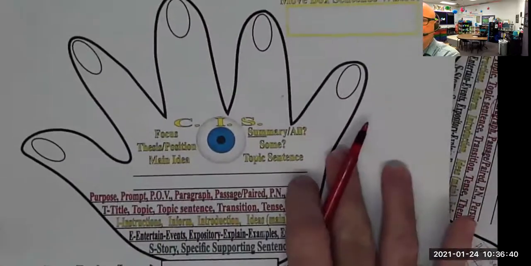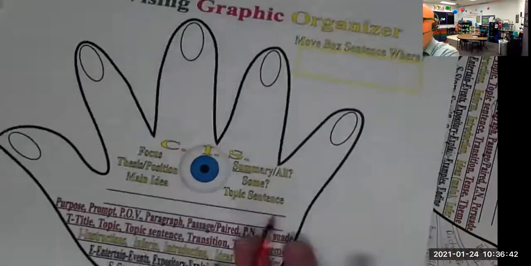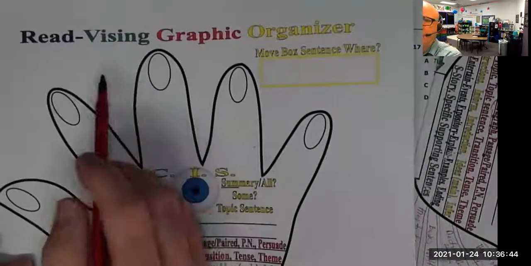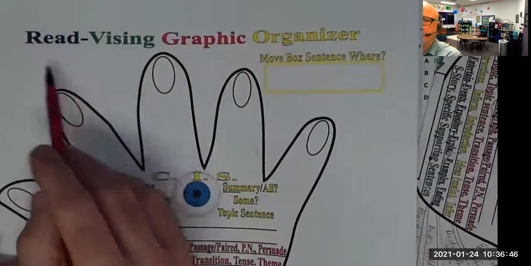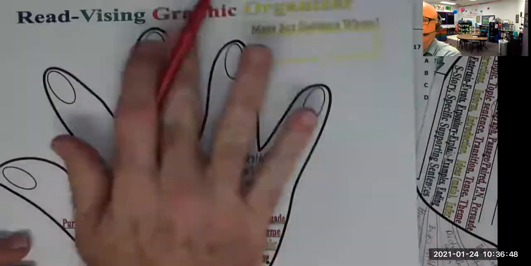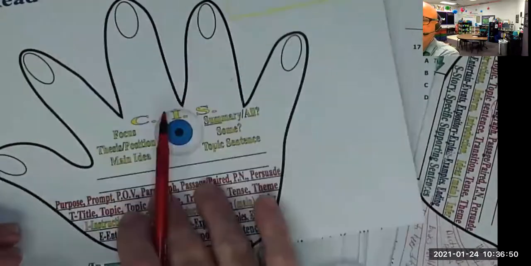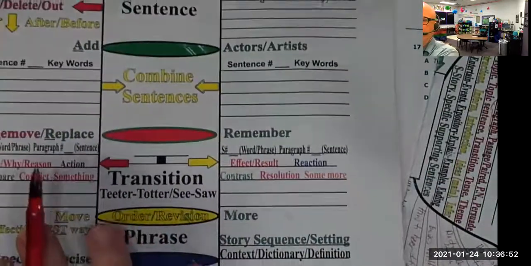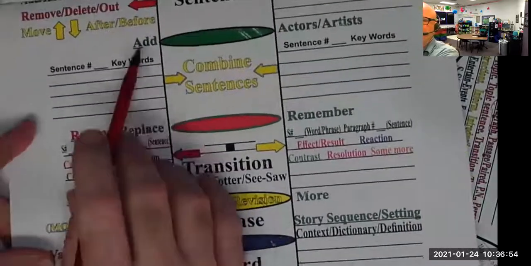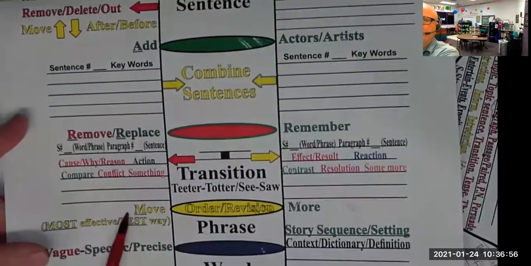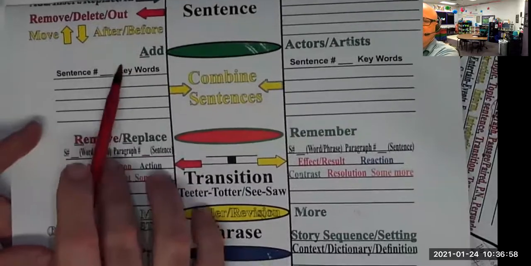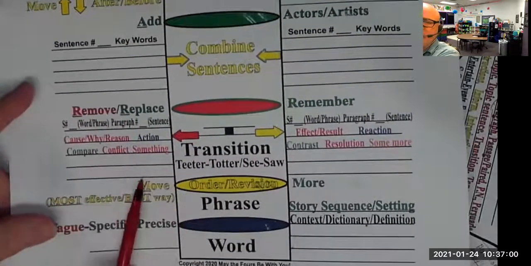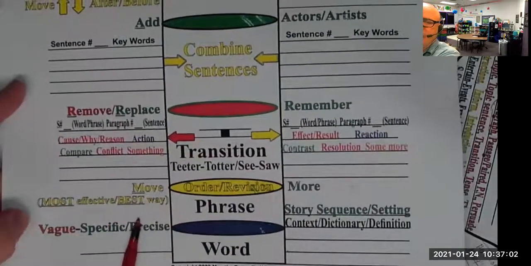Okay, so what I did for you is I didn't just leave this blank, and today we're using it as a reading graphic organizer, but reading is the content, and revising, when I flip it upside down, I can use the left side to do revising, to add, remove, replace, and move things.